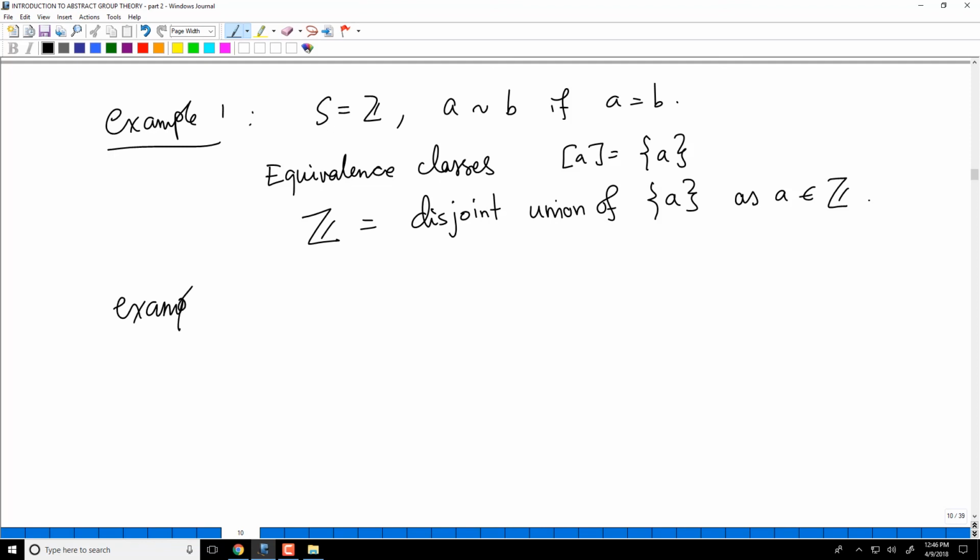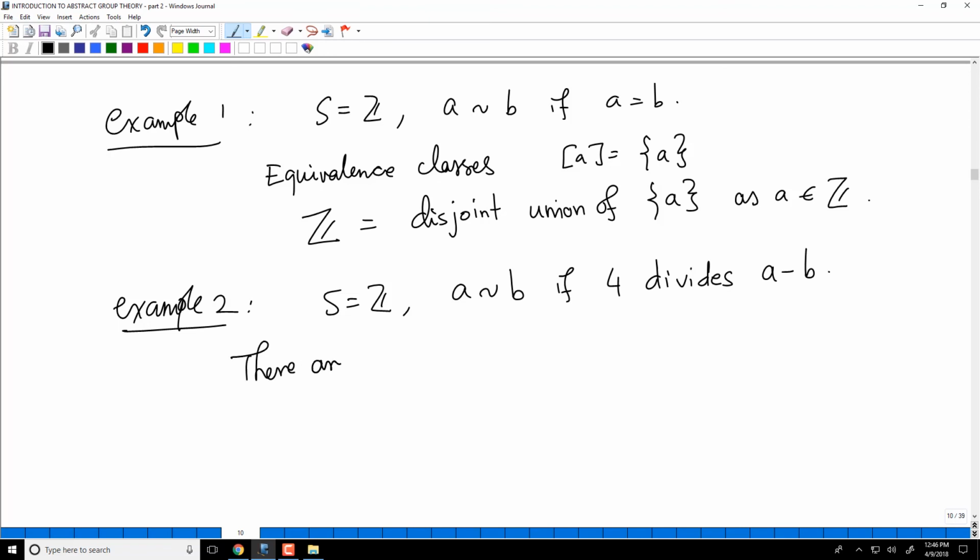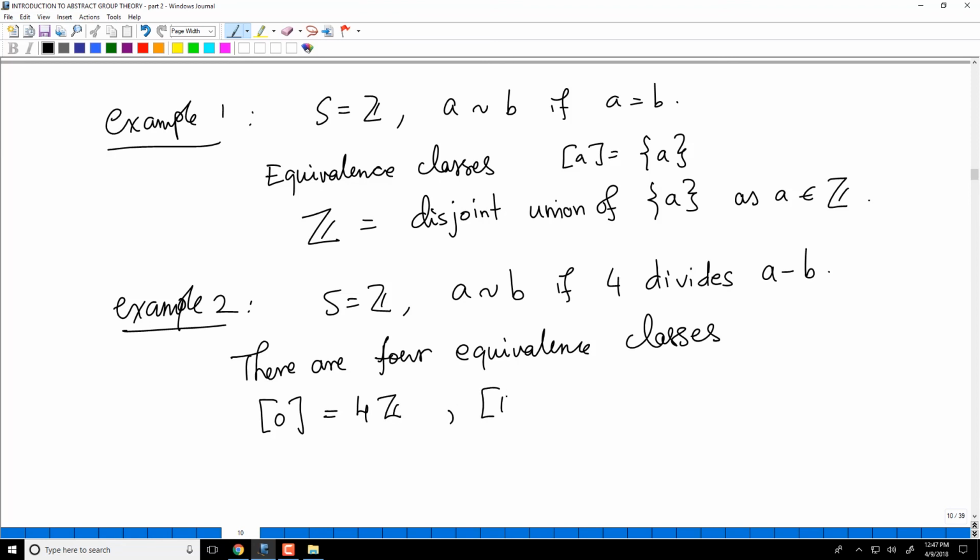In example 2, S was again Z and A was related to B if 4 divides A minus B. Here there are exactly 4 equivalence classes, namely the equivalence class of 0, which is 4Z, the equivalence class of 1, which is 4Z plus 1, the equivalence class of 2, which is 4Z plus 2, and the equivalence class of 3, which is 4Z plus 3.